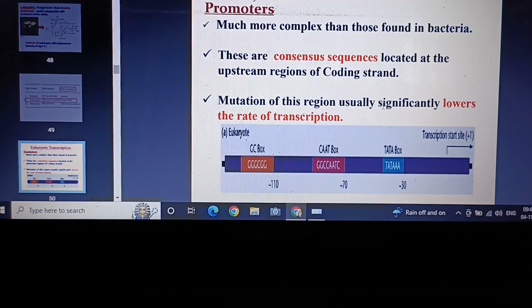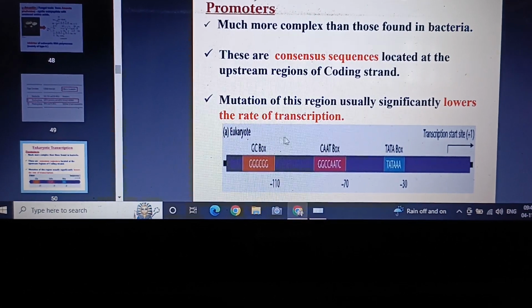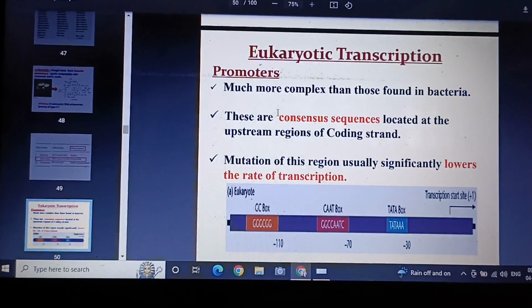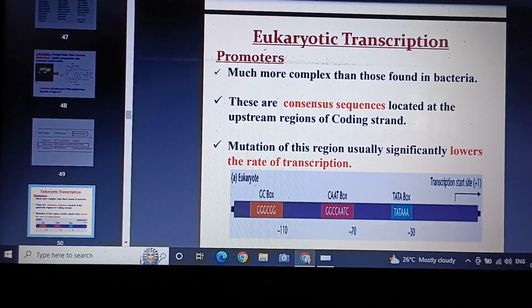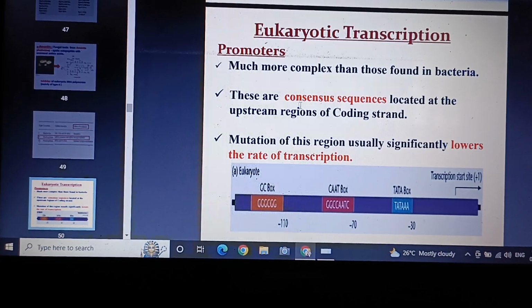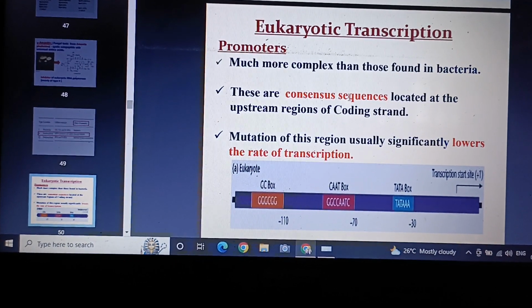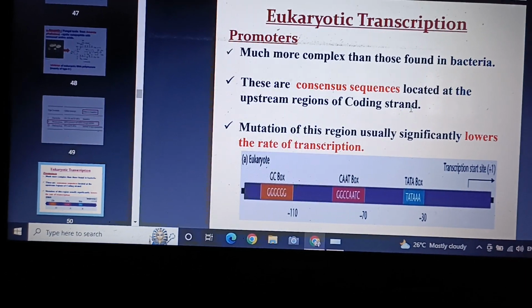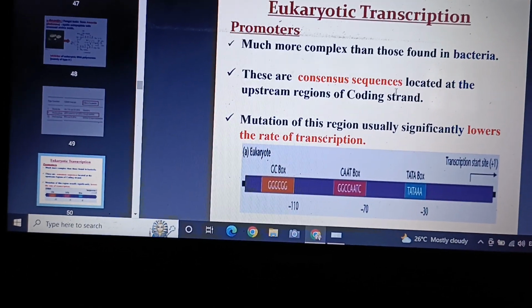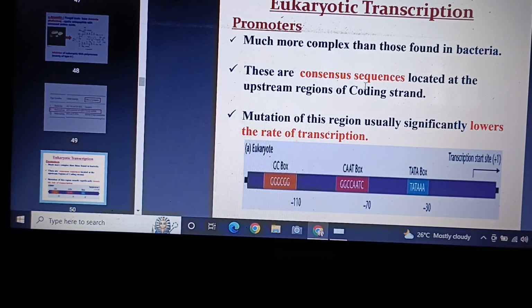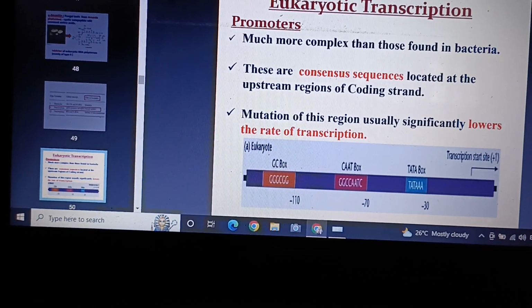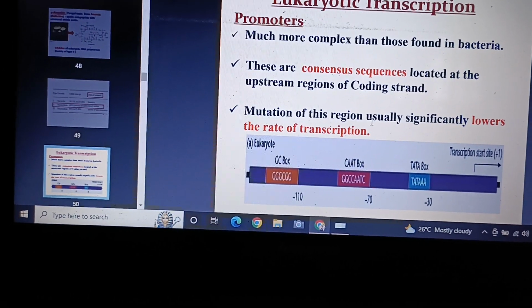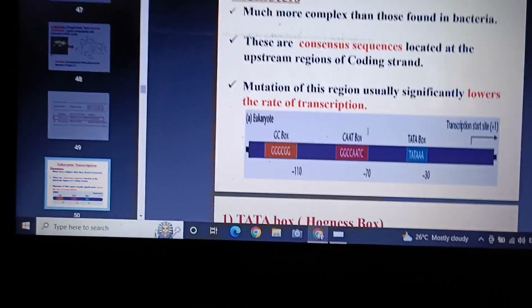Mutation of this region usually significantly lowers the rate of transcription. So it will automatically affect your transcription rate.